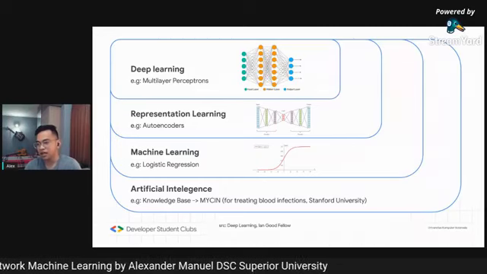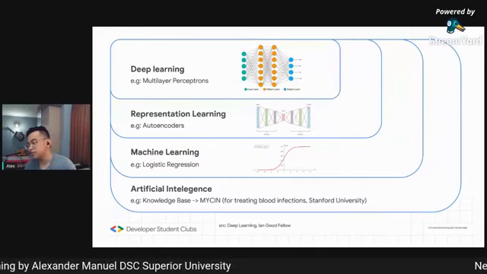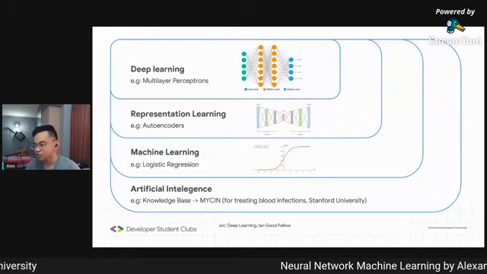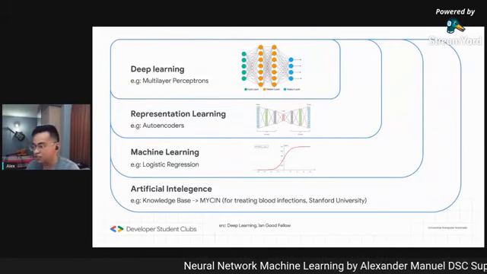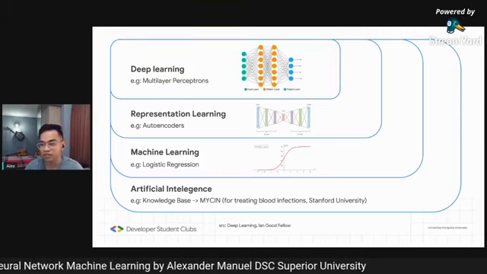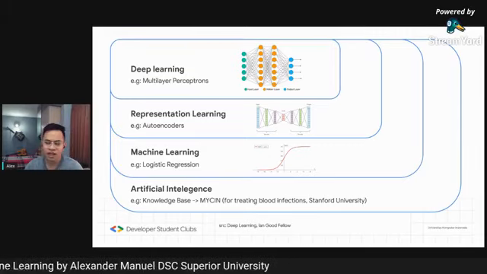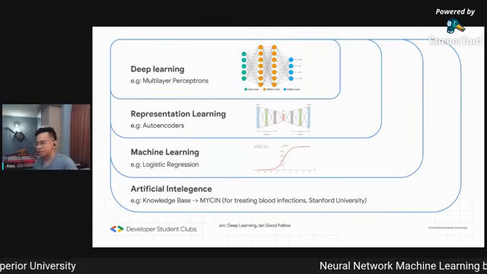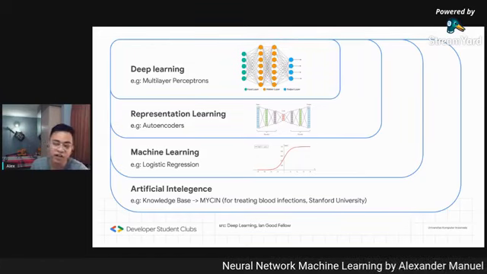And the next step is machine learning, something more, when we introduce an activation function, like logistic regression, or maybe with the name sigmoid. And actually, there's this part called representation learning. Sometimes people miss this part.